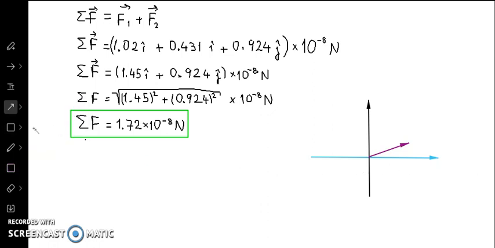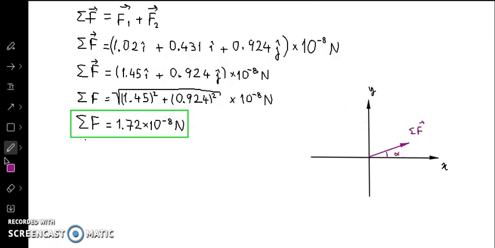Let me label the axes. This is the x-axis. Here's the y-axis. And the arrow represents my net force vector. I'm going to calculate this angle here. I'm going to call it alpha. So this is the one I'm calculating here.